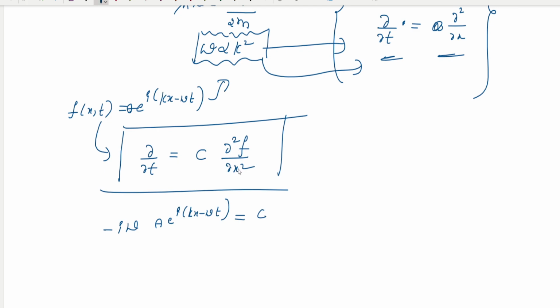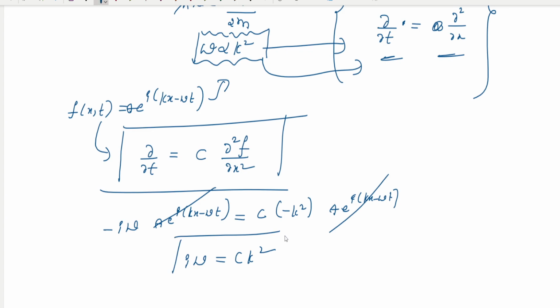With respect to space, we differentiate this function two times, so with respect to x we get minus k square a e power i (kx minus omega t). These all cancel, then I get i omega equal to c k square. This is the required dispersion relation to describe the wave nature of the particle. Okay.